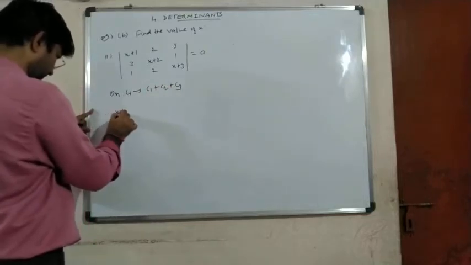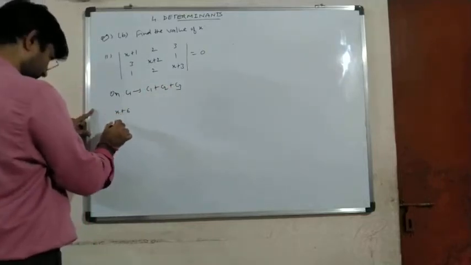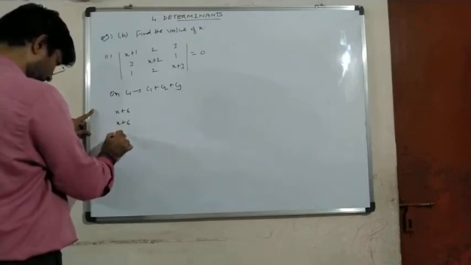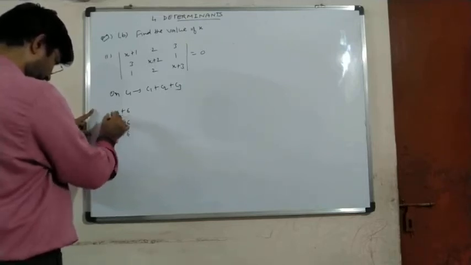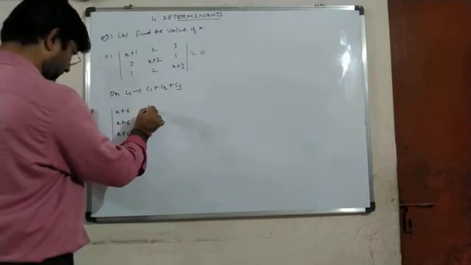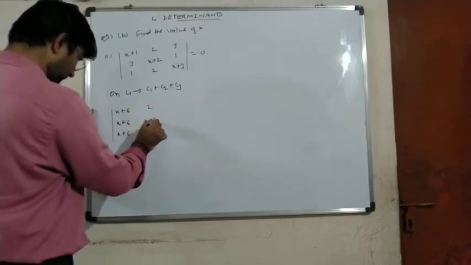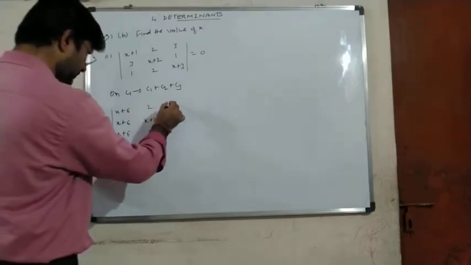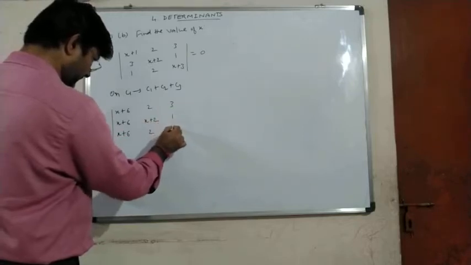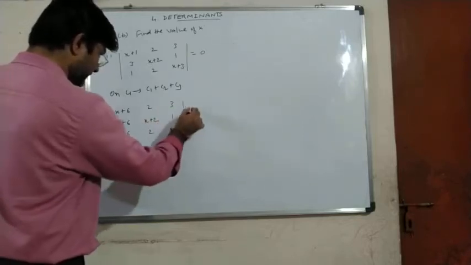So x plus 6 and x plus 6 we got, then 2, x plus 2, 2, 3, 1, x plus 3 equal to 0.